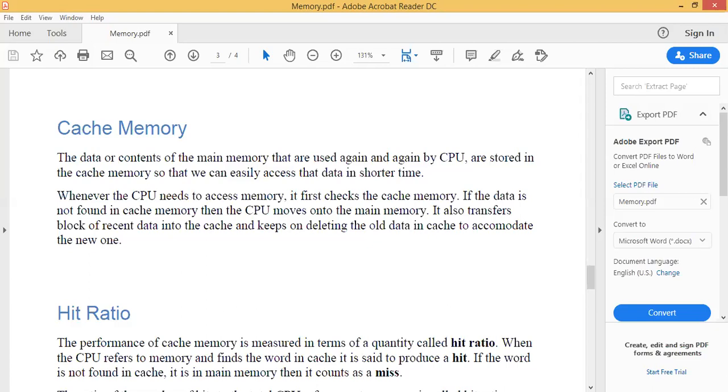The performance of the cache memory is measured in terms of a quantity called hit ratio. When the CPU refers to memory and finds the word in cache, it is said to produce a hit. If the word is not found in cache, it is in main memory, and it is counted as a miss.